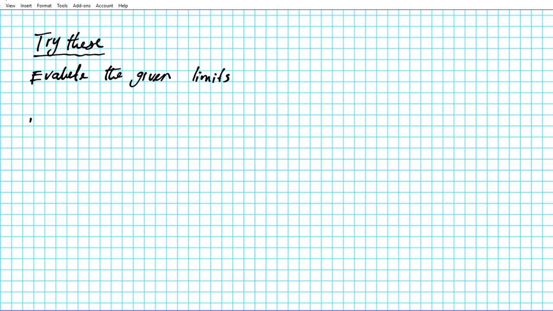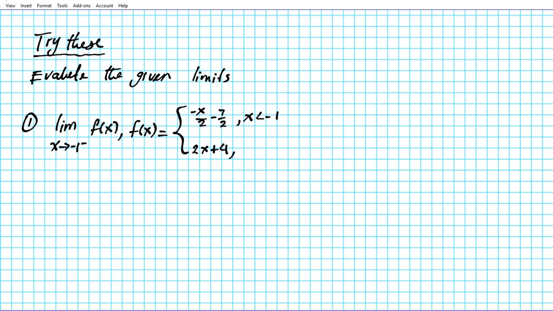Question 1. Find the limit as x approaches negative 1 from the left of f of x, where f of x is the piecewise defined function given by negative x over 2 minus 7 over 2 for the subdomain x is less than negative 1, and 2x plus 4 for the subdomain x is greater than or equal to negative 1.